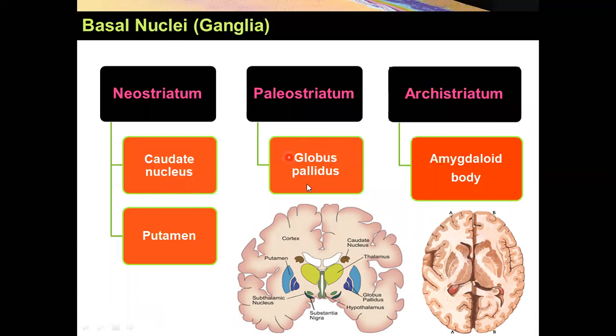The globus pallidus belongs to the paleostriatum of the brain, which develops right after the development of the archistriatum. And the putamen and the caudate nucleus pertain to the neostriatum. That is the newly developing part of the brain.